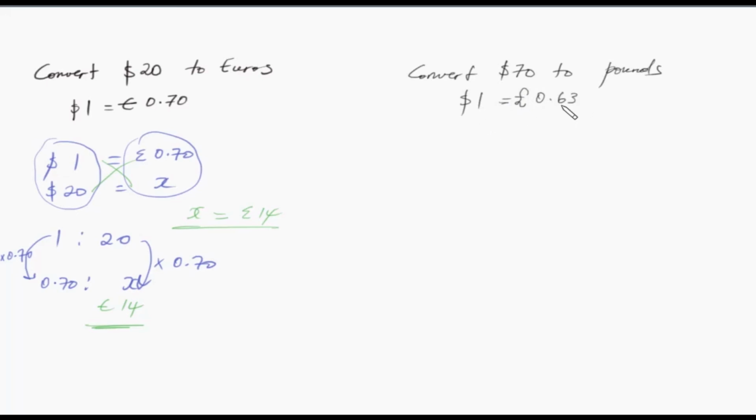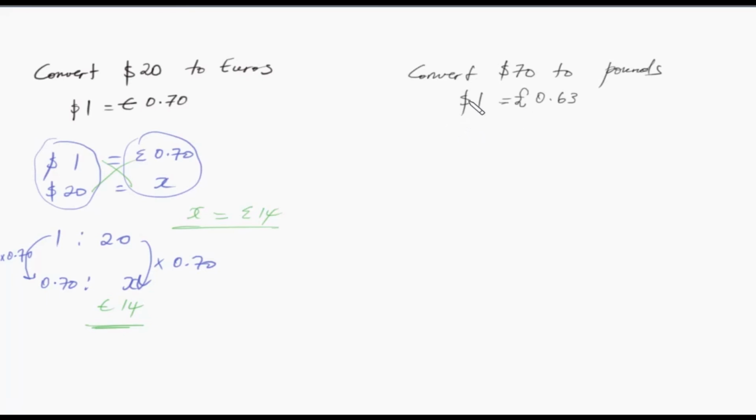Okay. Let's say this is what we know. Let's say that's what is happening currently. Okay. $1 equals to, when you look at the market watch, you realize that $1 is equal to 0.63 Great Britain pound. Okay.